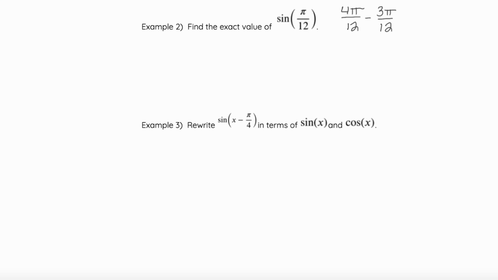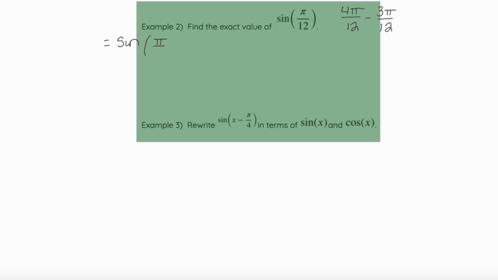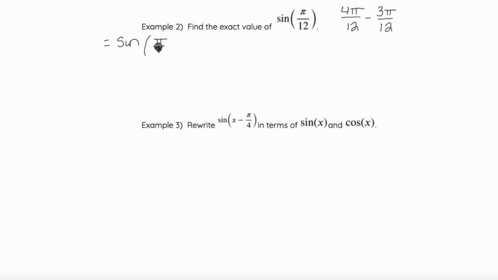But I also know that 4 pi over 12 reduces to pi over 3, and 3 pi over 12 reduces to pi over 4. So I can say that sine of pi over 12 then is the same as sine of pi over 3 minus pi over 4.